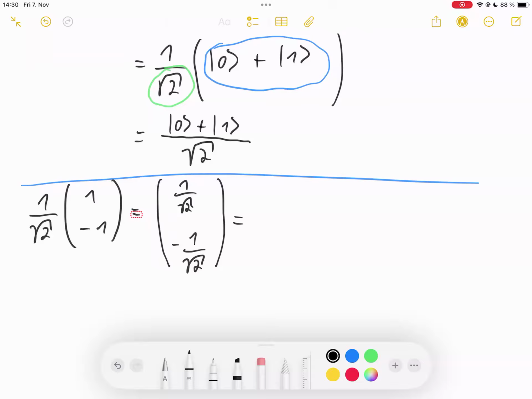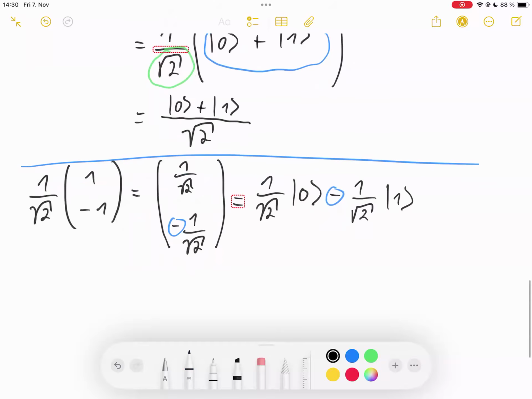We can again rewrite this as 1 divided by the square root of 2 times 0 cat, and then we have this minus here, minus 1 divided by the square root of 2 times 1 cat. Then we can again take this factor, 1 divided by the square root of 2, and multiply it with the difference of 0 cat and 1 cat.